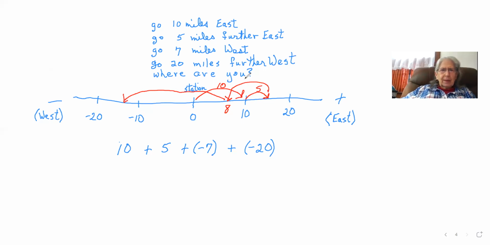Let's see, this was minus 7. We're going to make going west a negative. And so this is minus 20. And so this is the problem that we would have to do. 10 plus 5, that's clearly 15. Going negative 7 and negative 20 is clearly negative 27.